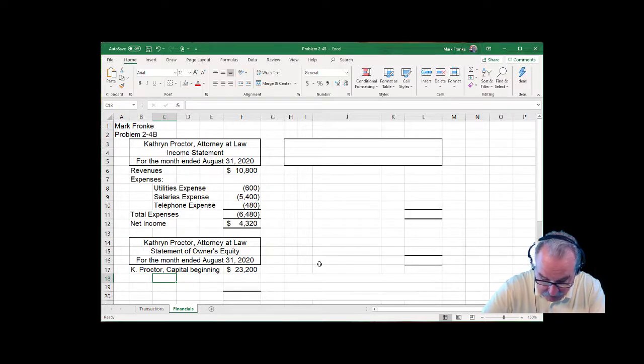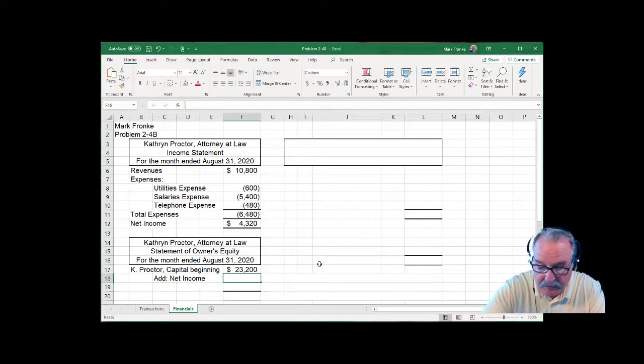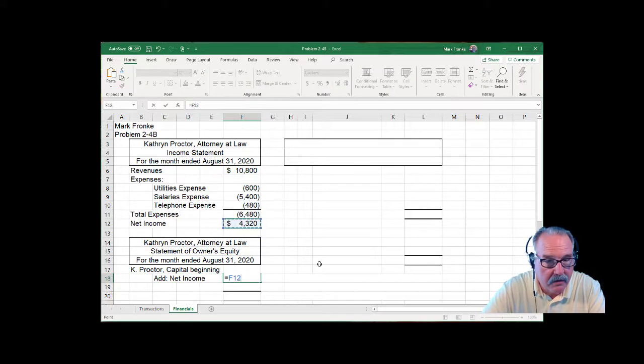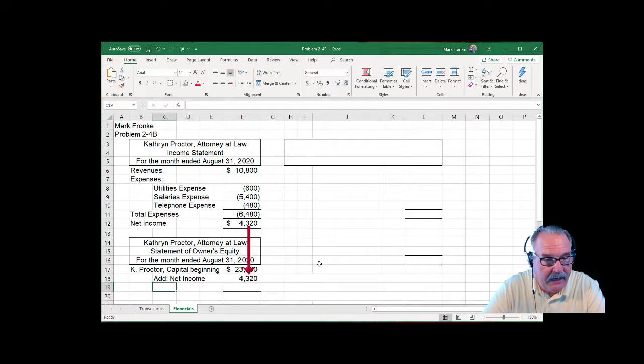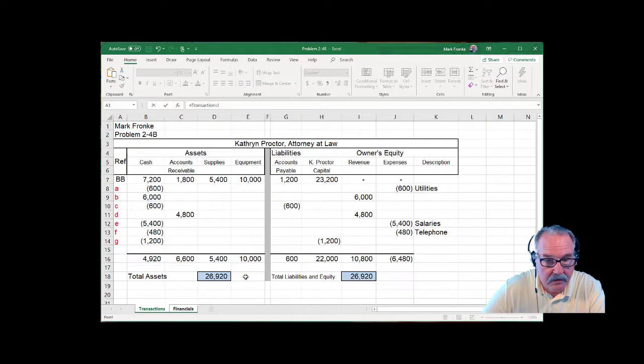But during the month, we had some net income that we calculated up above. That's why we have to do the income statement first, so that we know what that number is. And then the owner also took out a drawing. And that's on the transaction list right here.